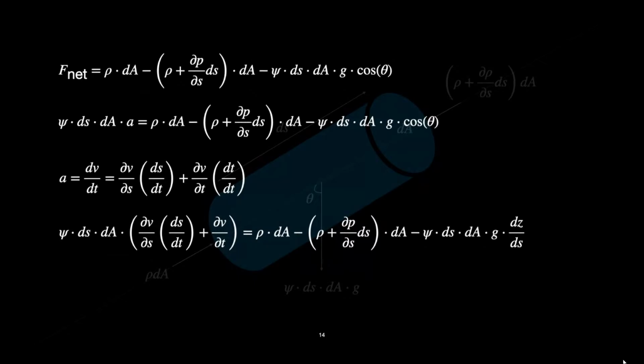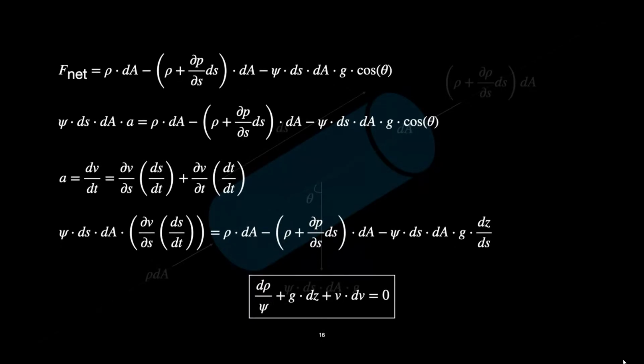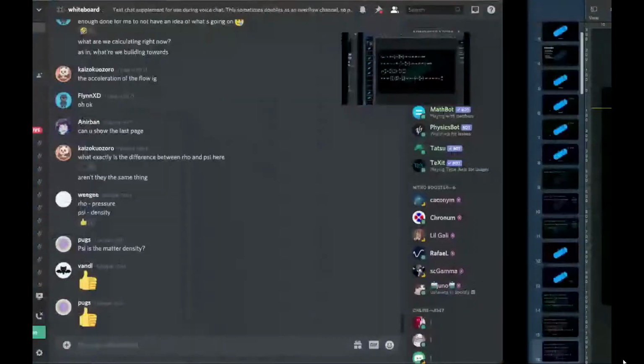We're gonna assume this is steady flow. So the derivative of velocity with respect to time is non-zero, but the partial of velocity with respect to time is zero. So we're gonna cancel that term. I hope everything is clear.